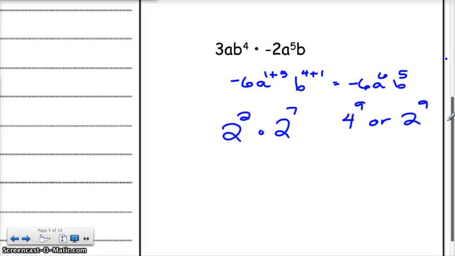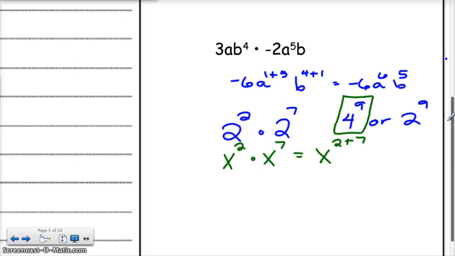Now this is one that most 8th graders mess up tremendously. They think it's this. That is not the right answer. Remember, if you had x squared times x to the 7th, it would be x to the 2 plus 7. I kept my base.